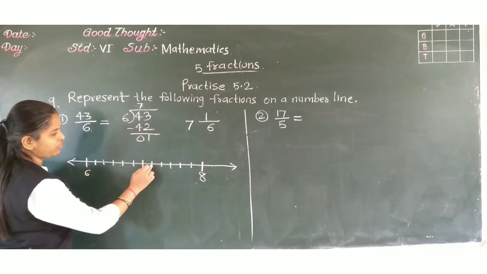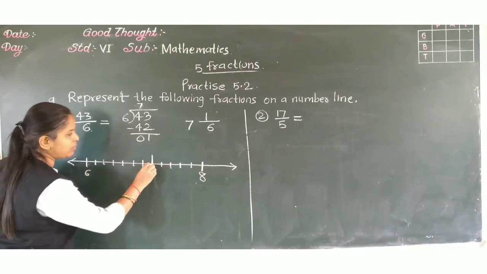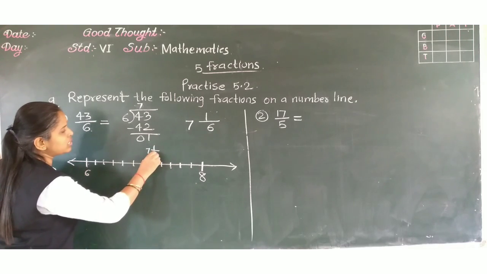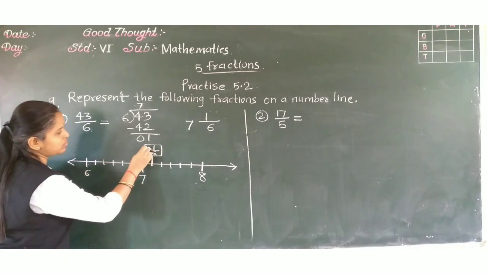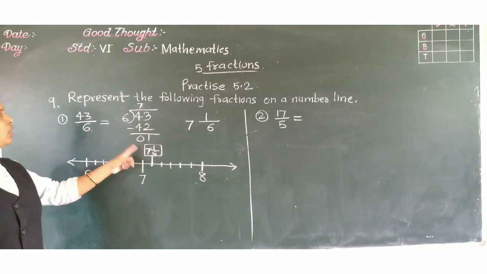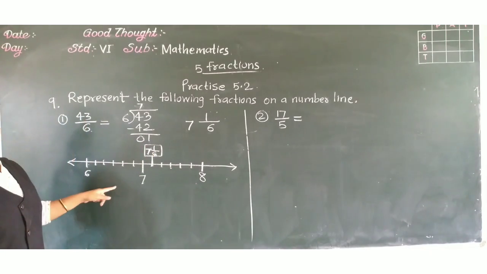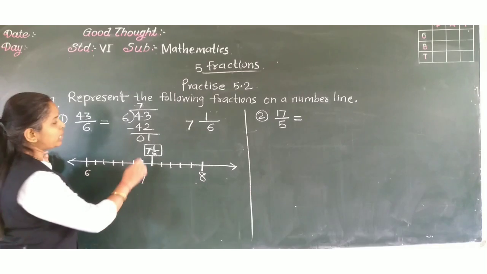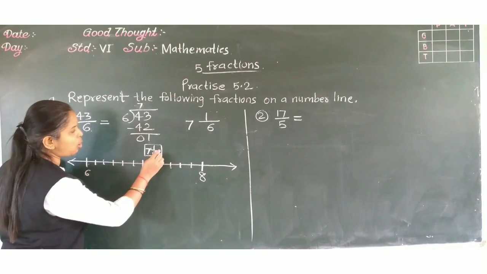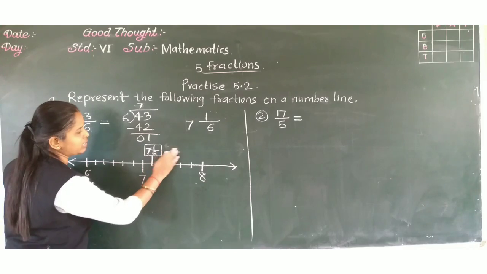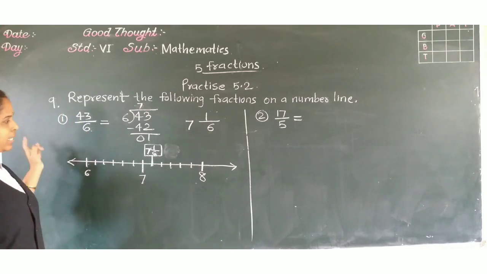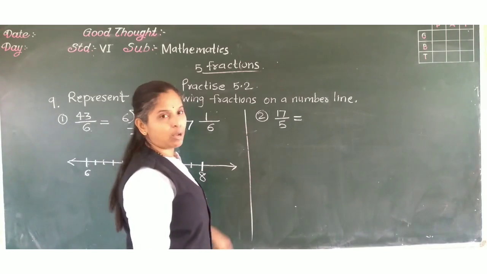That means after 7 first line. So here it will be 7 and 1 upon 6 line. Okay. How to show mixed fraction or improper fraction on the number line? So this you can write 7 and 1 upon 6, or you can also write it as 43 upon 6. Anyways.